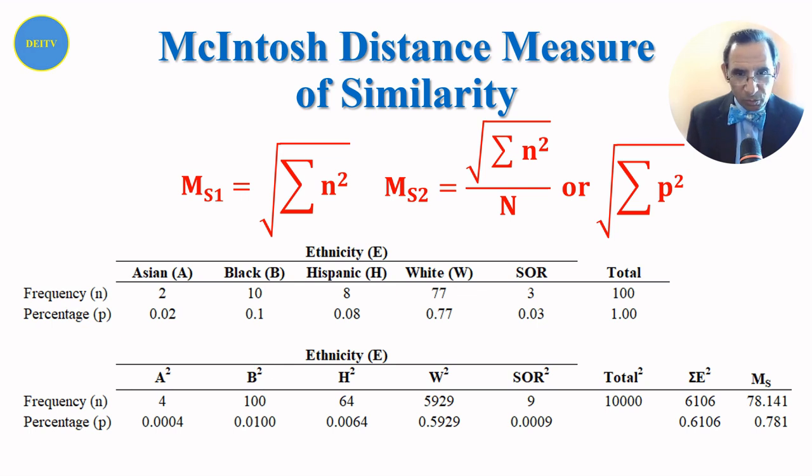It's going to be 0.01. And you do that for each other category until you get to the end, which is some other race, which is going to be 0.03 times 0.03 is 0.009. You add all of that up, that's going to be 0.610. When you take the square root of that, that gives you 0.781. So that is the McIntosh distance measure of similarity.